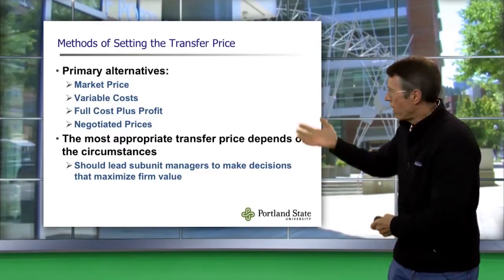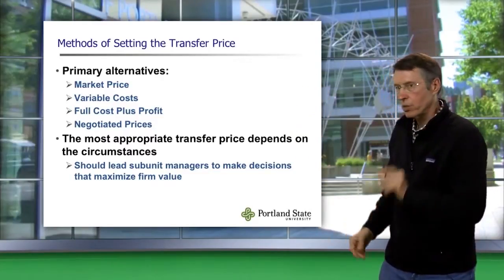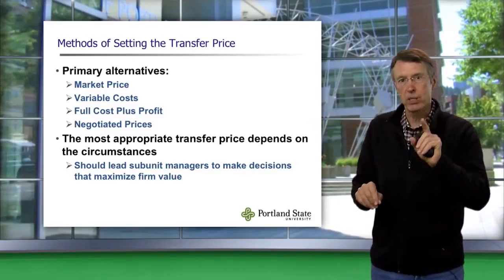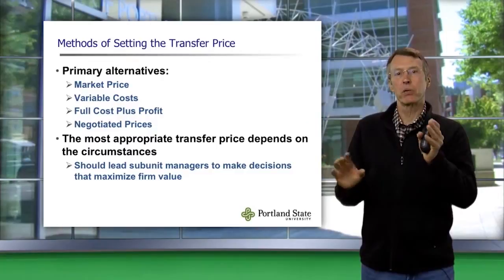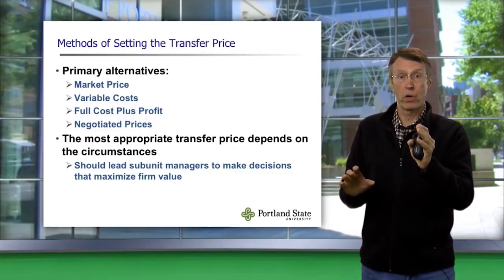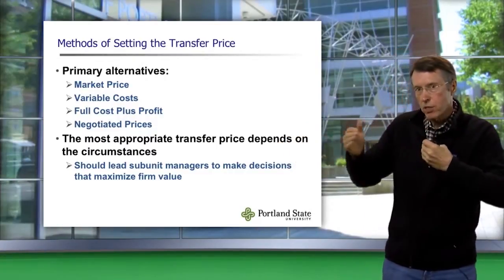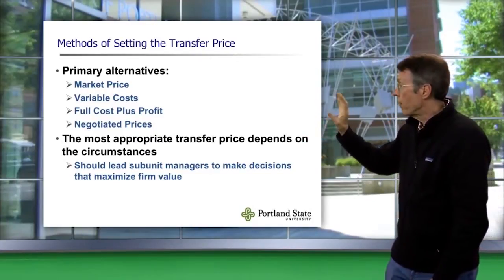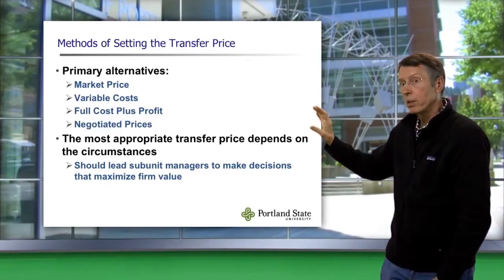What we want to do is come up with a transfer pricing scheme that leads these managers to make decisions that are in the best interest of the company overall. And we see that some conflicts arise when we're evaluating them on the performance of their own divisions.